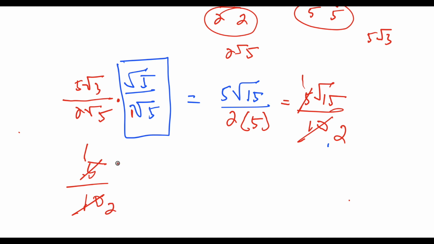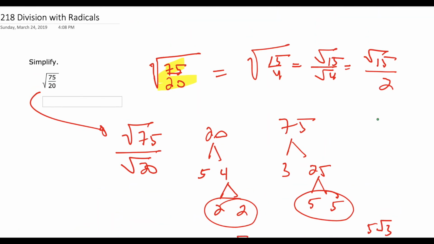Then you never have to do that anymore. All right, so what do we have from here? We're at root 15 over 2, which is what I believe we got earlier, right? Yeah, right here.